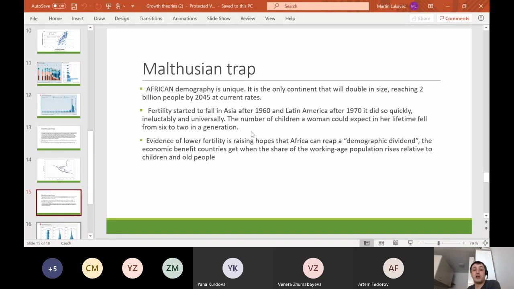In Africa, there are still remnants of Malthusian traps still happening. And it's still the continent which grows substantially in population, and it will do so, but even there the fertility is finally coming down really substantially as well.